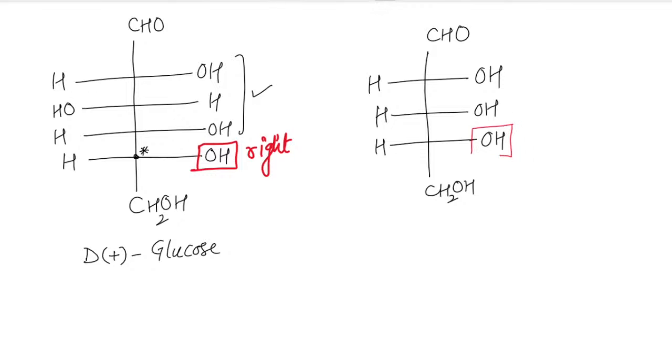So see, it is on the right side, so it is again D. It is levorotatory, that's why it is called D negative ribose. D negative ribose. Okay.